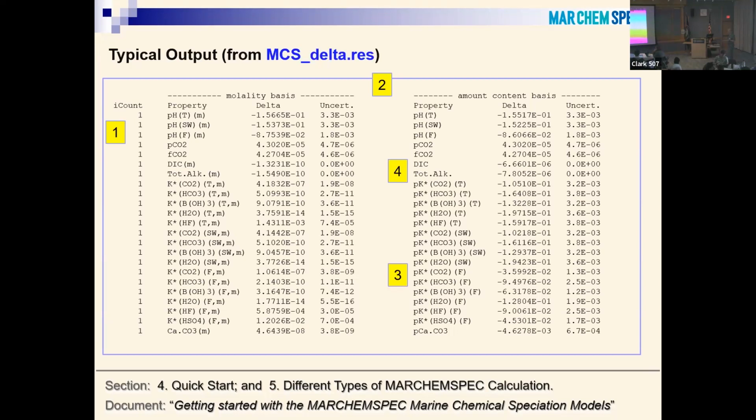And that's why on a per kilogram basis, the DIC and the total alkalinity have changed, even though the actual moles of total carbon haven't changed in the solution that we were modeling. So you have to be a little bit careful when you're thinking about these concentration scales.